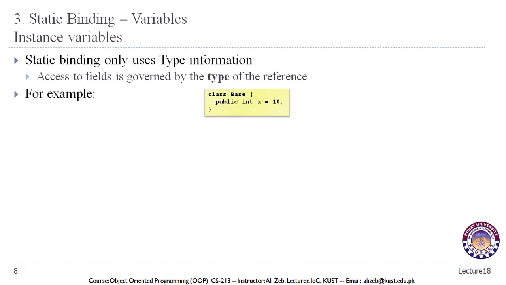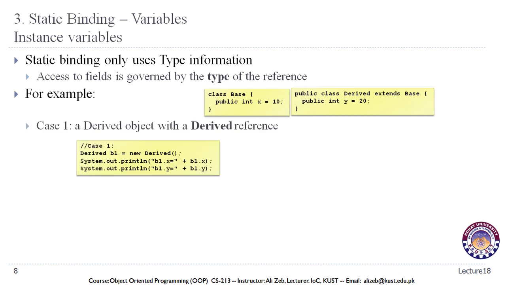For example, we have a class Base that has a variable x with a value assigned to it. Then we have a class Derived that extends the Base class with one of its own variables, y, that has been assigned a value 20. Case 1: we have an object b1 with the Derived reference.